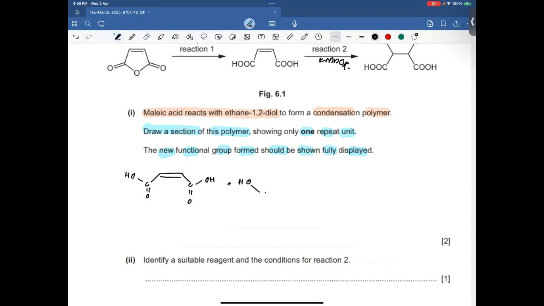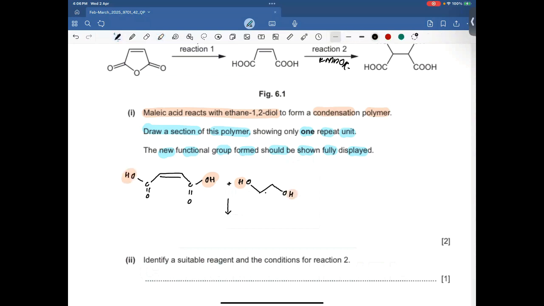This is CH2, and this is OH. Always remember, carboxylic acid gives OH, alcohol gives H. Obviously, it will turn to water. From here OH is removed, from here H is removed.